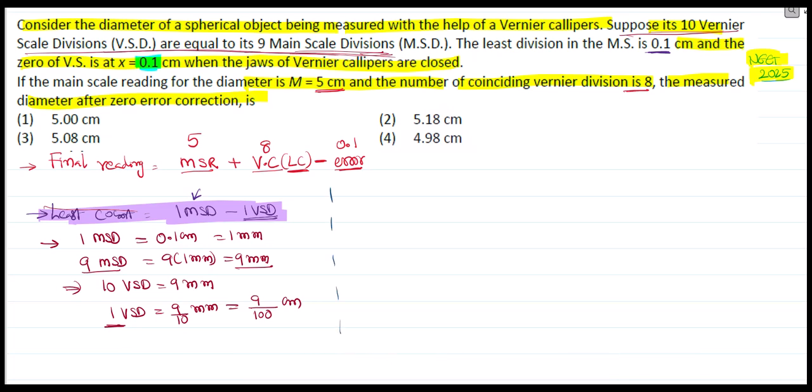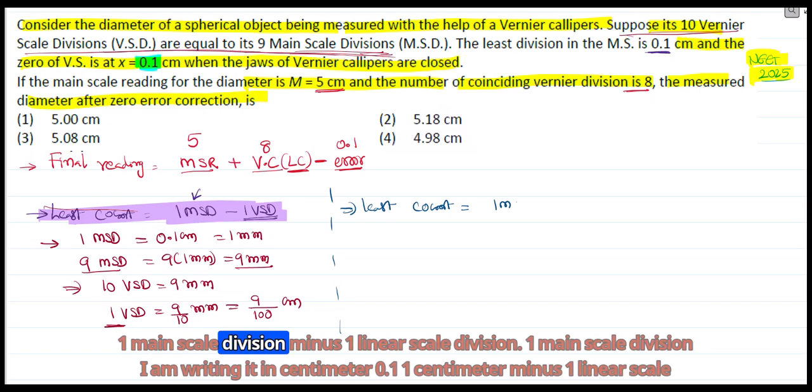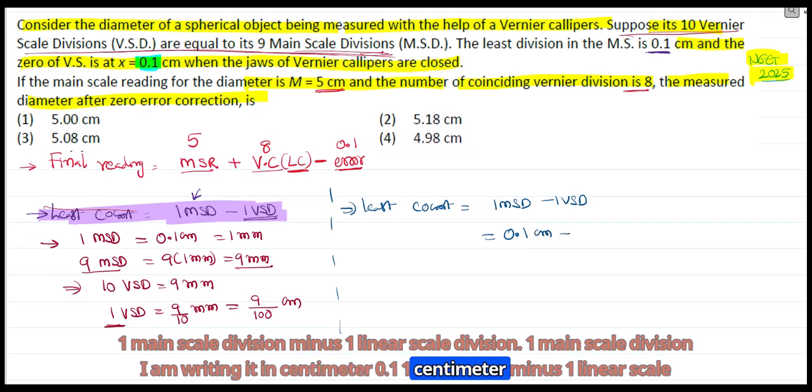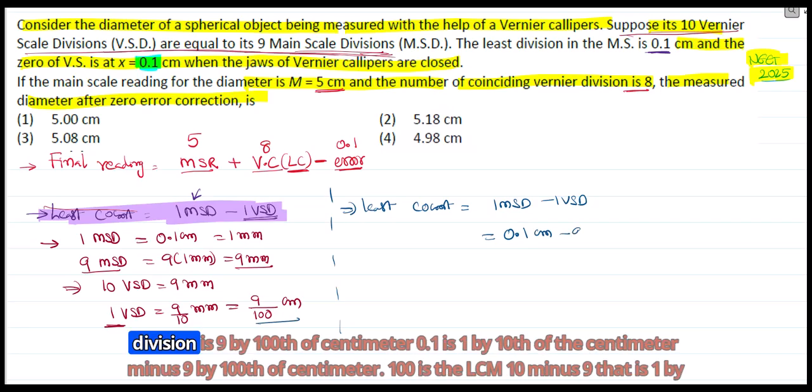The least count is 1 main scale division minus 1 Vernier scale division. 1 main scale division, writing it in centimeters, is 0.1 centimeter, minus 1 Vernier scale division, which is 9 by 100th of a centimeter.